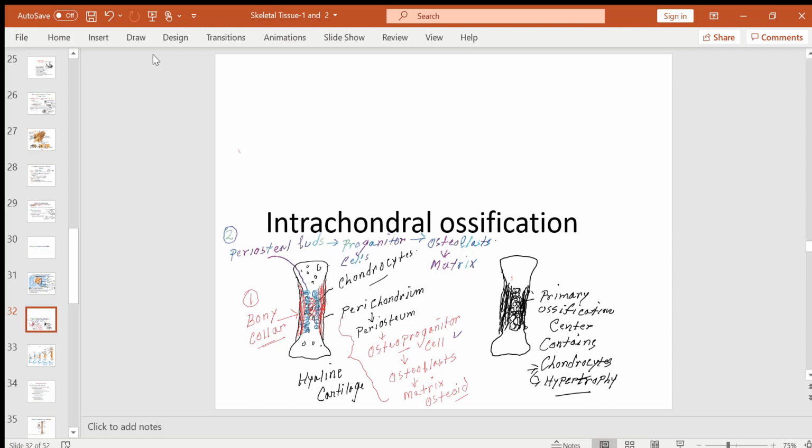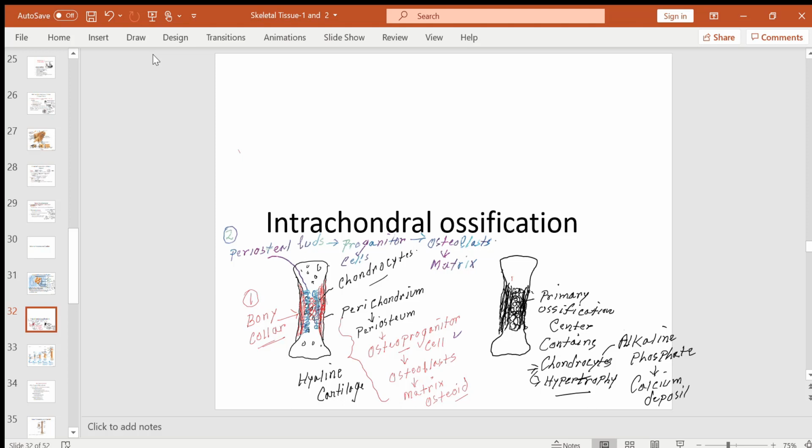And then they will secrete a chemical that is called alkaline phosphatase. Okay, and this alkaline phosphatase is an enzyme that helps in calcium deposition.